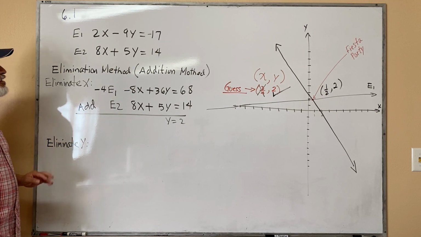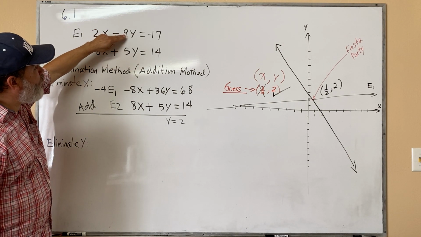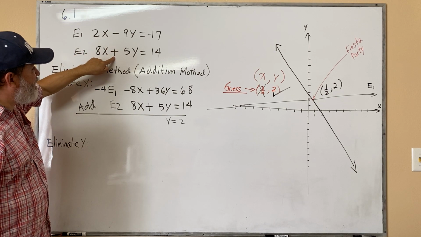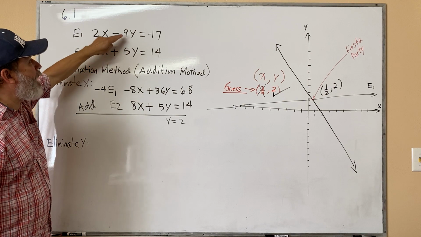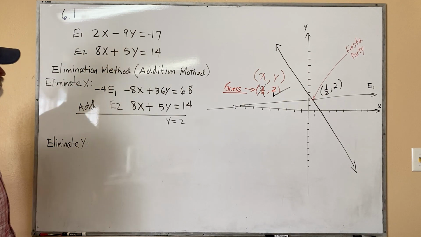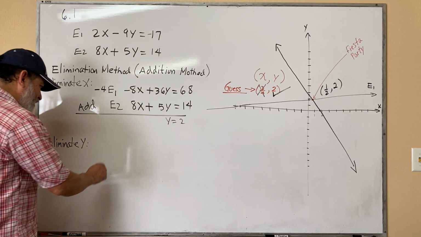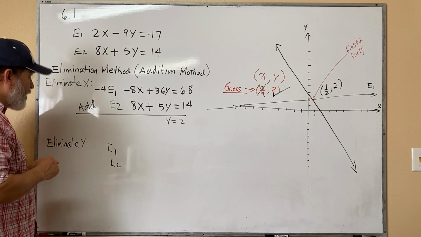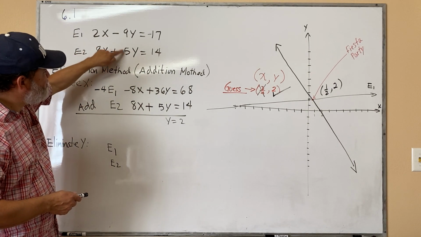And you get x. Now, if you're going to eliminate y, now those two need to become opposites. Note, this is negative and this is positive. That's a good thing. But now they need to be opposites. Okay, how can I make this? So equation 1 and equation 2, how can I make those two terms opposites?